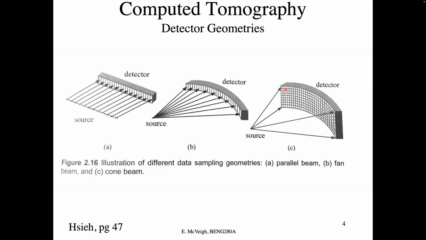So the projection that you detect on this last row of detectors is at a fairly significant angle through the patient, instead of just being a straight line in the XY plane. We're going through in 3D. So you need to do some geometric adjustments to bring this cone beam geometry and estimate what a parallel beam geometry would look like if you want to use standard convolution back projection.